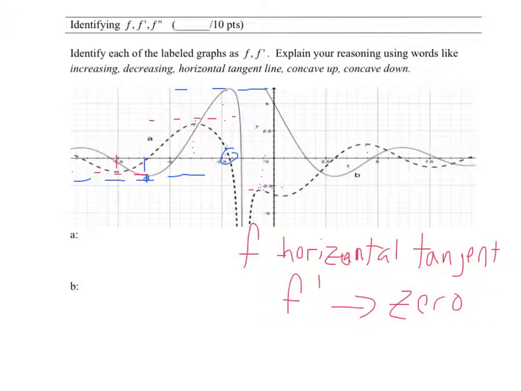So it's looking like, based on these two functions and the fact that I told you this needed to have one function that's the function, the other that's the derivative, we're going to be looking at function B as our function and A as our derivative.